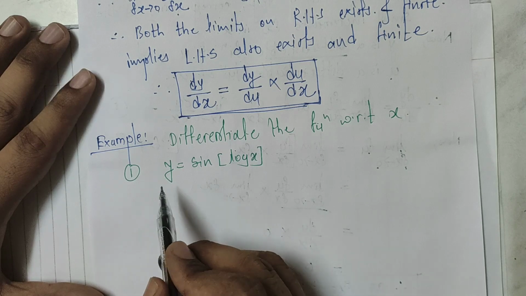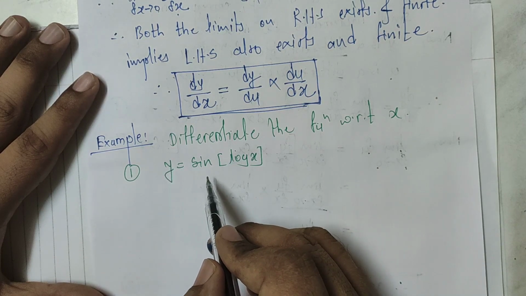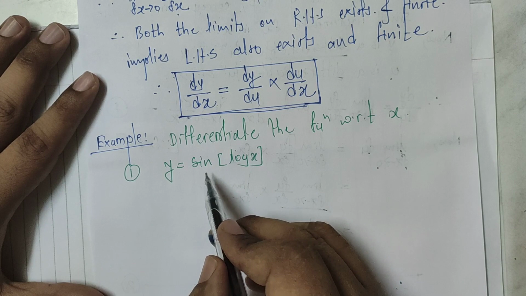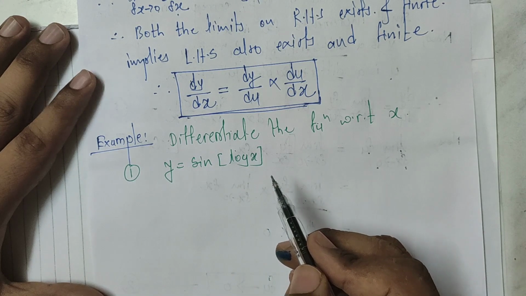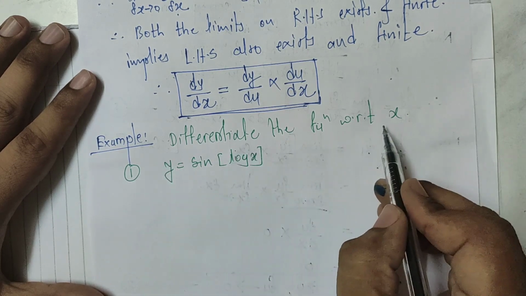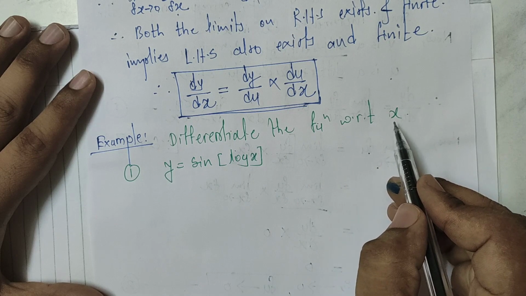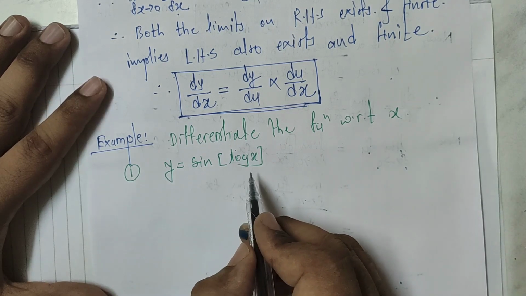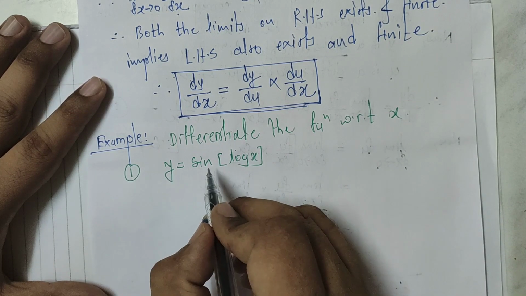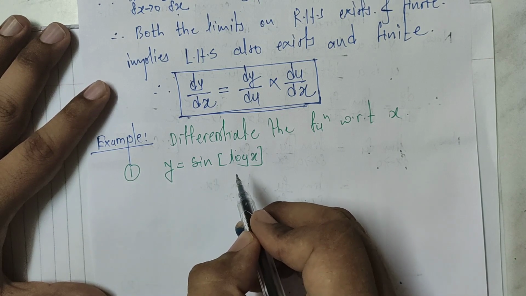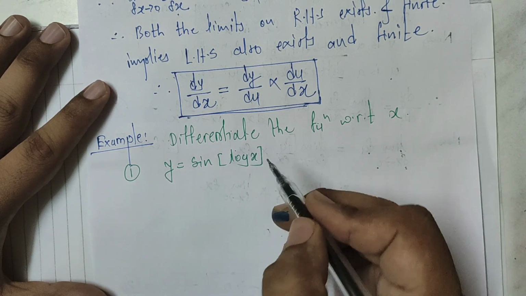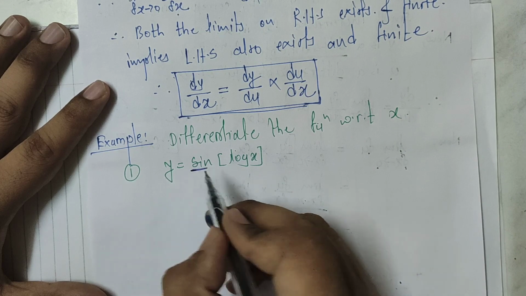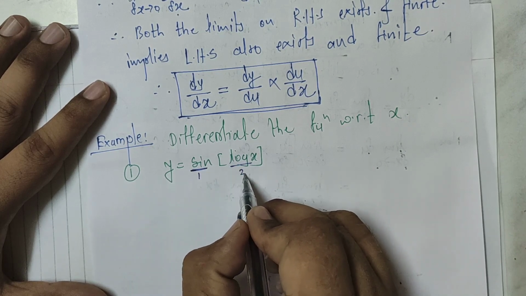Now here I am taking one example which depends on the chain rule, the derivative of a composite function. The question is: differentiate the following function with respect to x. First example, very simple: y is equal to sine of log x. Here the first function is sine, the second function is log x.